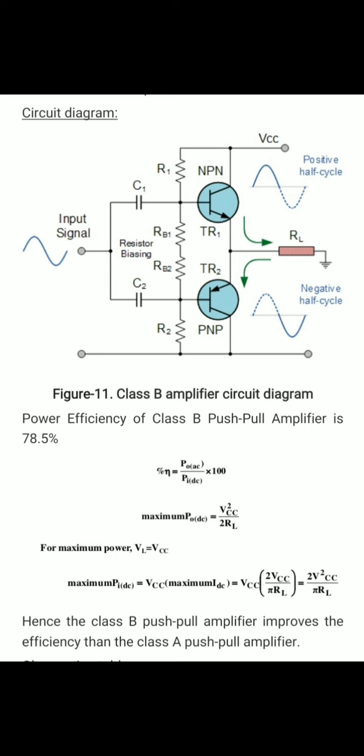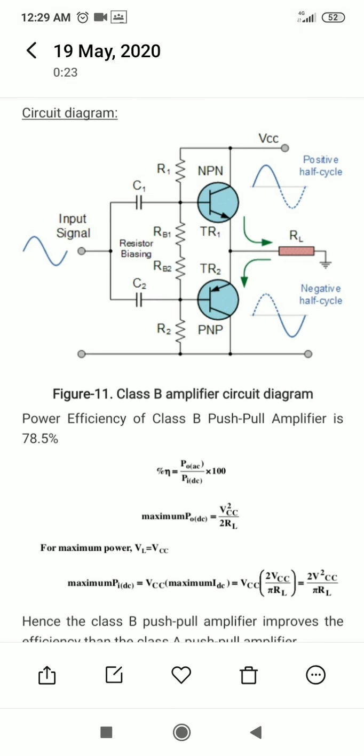We will get the output from TR1 and TR2 collectors: the negative half cycle from the collector of TR2, and the positive half cycle from the collector of the NPN type transistor TR1. This is the circuit connection.